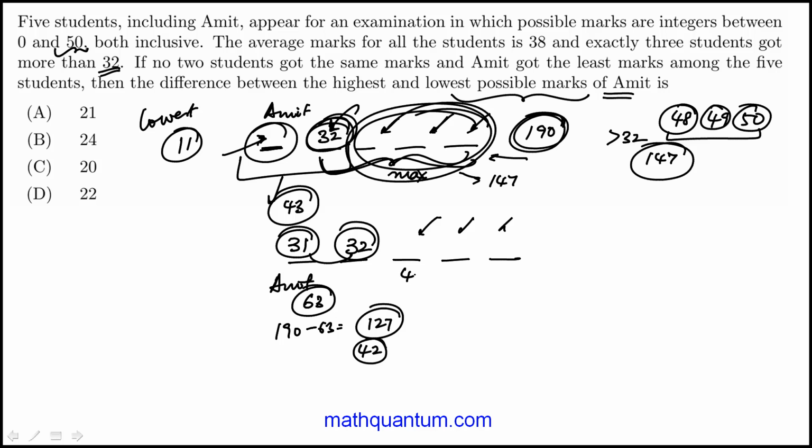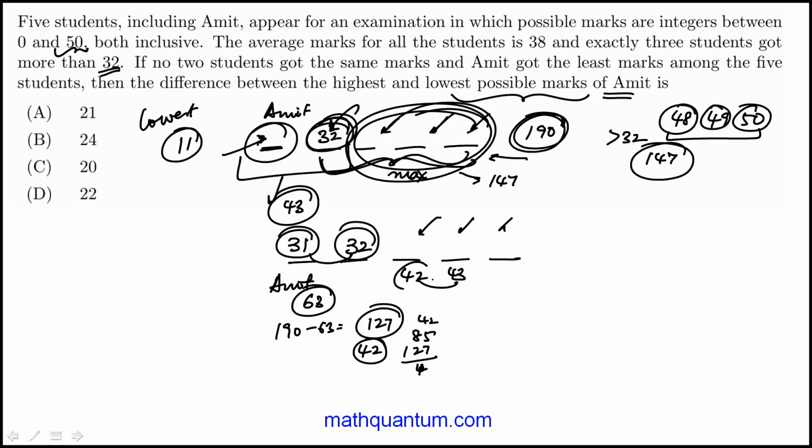So can I make it 42, 43, which is 85, and then 127? Well, that won't work, because that's a 42. Let me just see, 85, yeah, that would be 42.